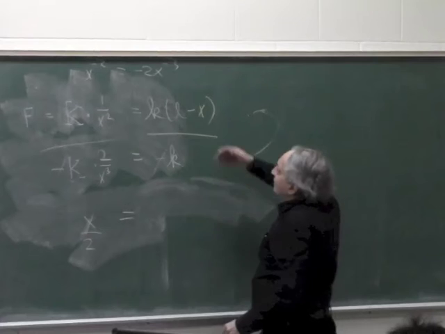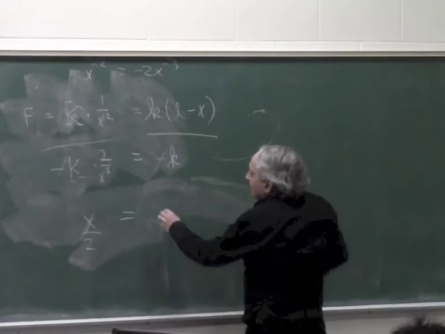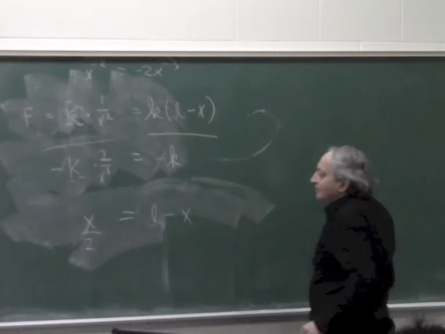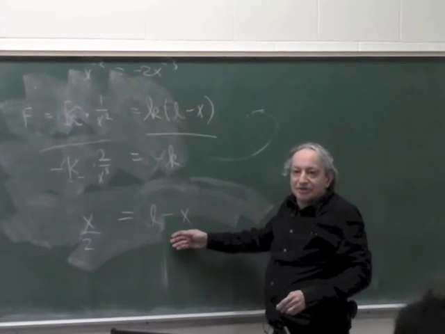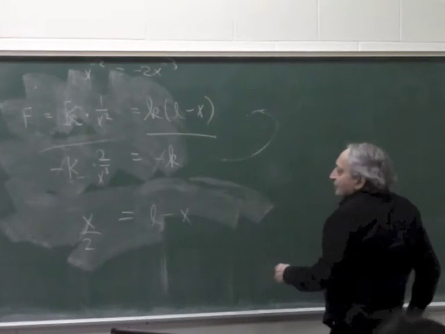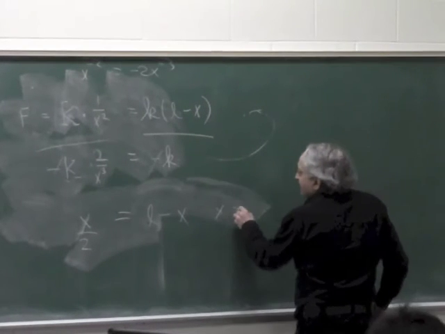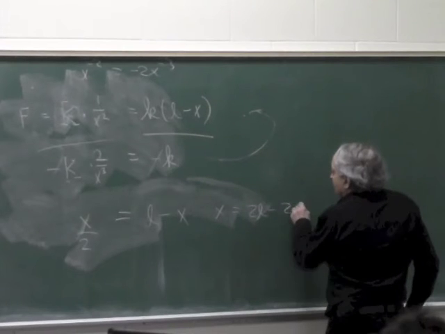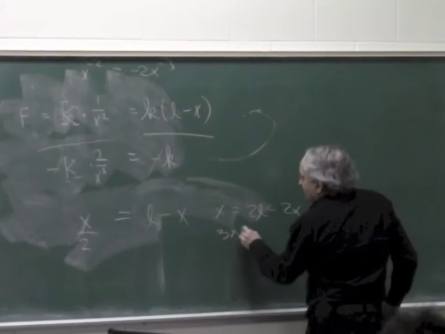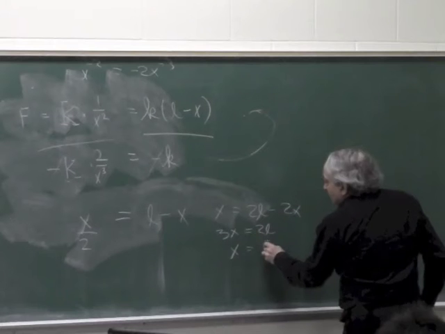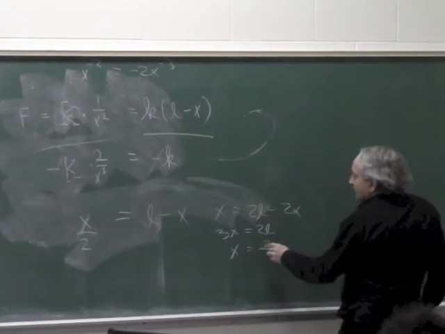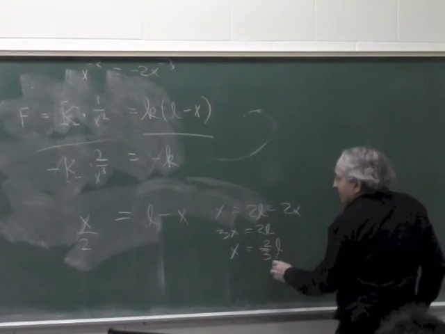Now when I divide this by this, k cancels out and I get L minus x. So now I reduced it to a first order equation, and it's much simpler to solve. So now I get x equals 2L minus 2x, so 3x equals 2L, x equals 2/3 L.